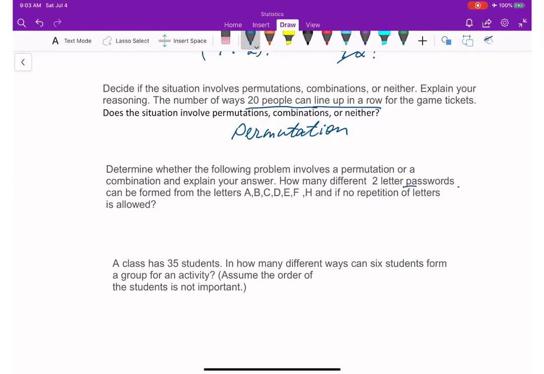When you have a password, can you mix up letters? Let's say you have A, F, and if you type F, A, will it work? No, of course it's not gonna work. So if it's a password, that's it, that is everything. You have to go in the same order you created your password, which means it's gonna be what? Permutation.